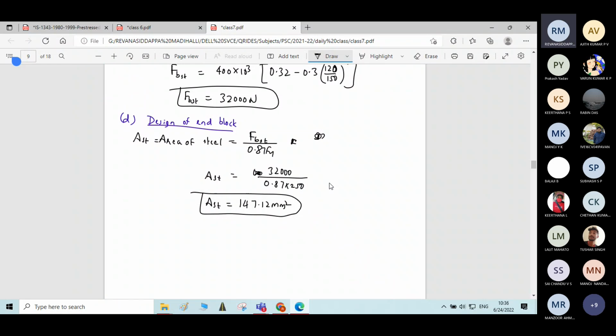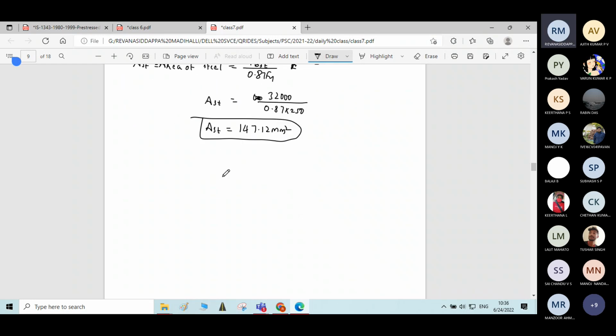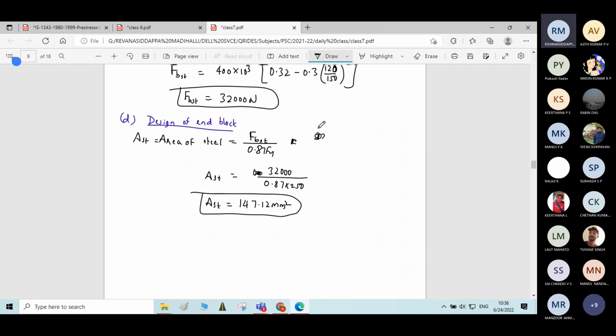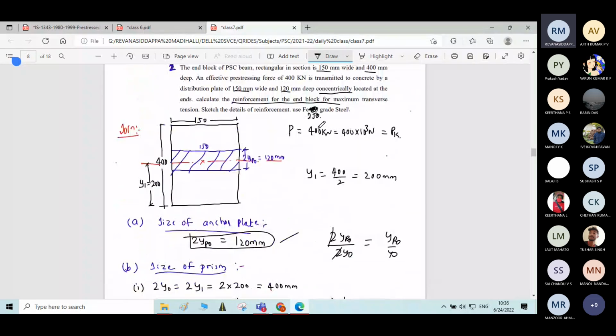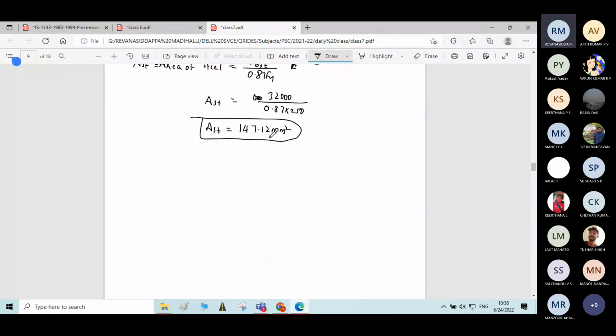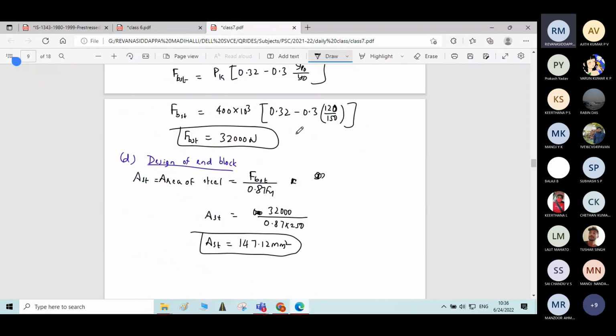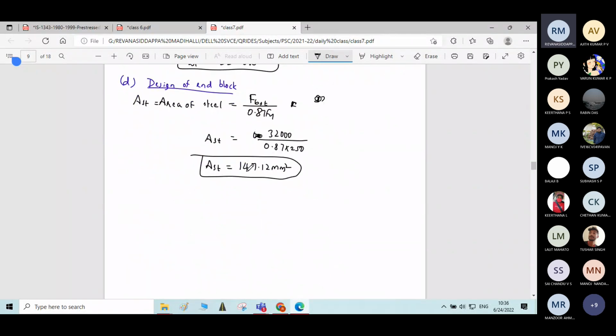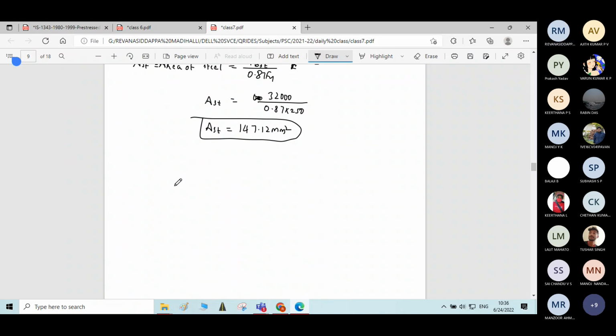If you assume 415, still you will get a lesser area. You will not be able to provide at least 2 bars. That is why I changed the FY value to 250 here. So in the examination, if they give 415, you assume 415 only. Whatever the number of bars you get, you put the same number of bars. No problem.